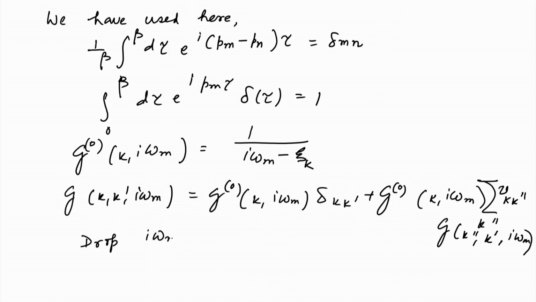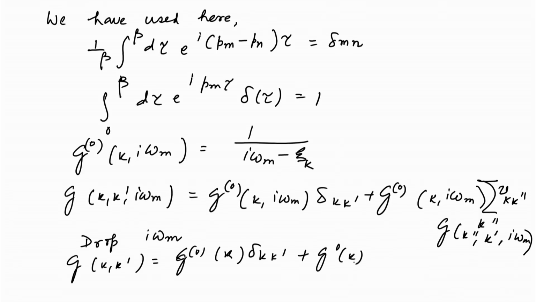So, drop I omega m and write down g k k prime equal to g 0 k delta k k prime plus g 0 k v k k double prime g 0 k prime k. So, that is the Green's function that we write.